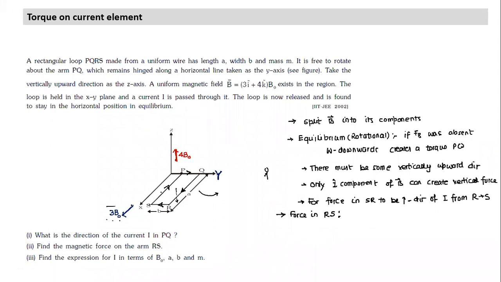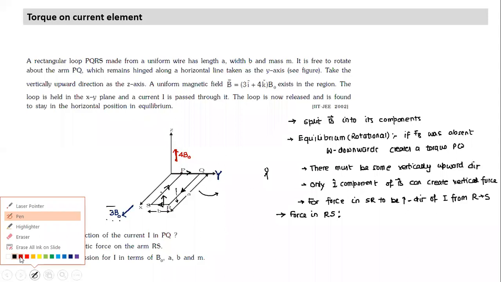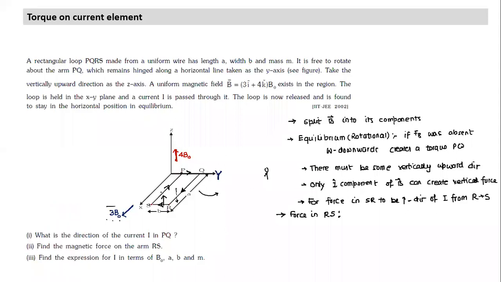It will have field. Due to the blue color field, force is acting in the vertically upward direction. Due to the red color field, the current is in this direction and the field is up. Which direction will the force act in RS due to the vertical component?